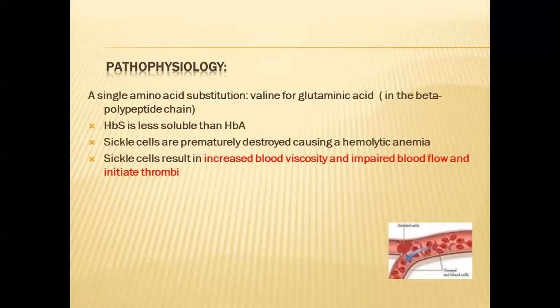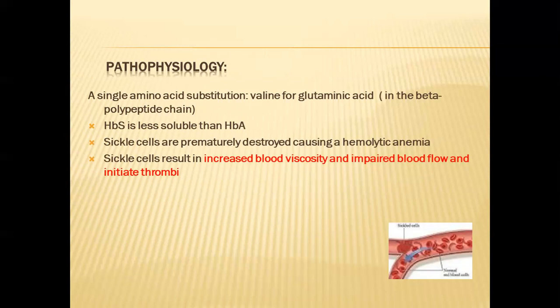So, what is the basic pathophysiology? There is only a single amino acid substitution, valine for glutamic acid, in the beta polypeptide chain, which results in sickle cell, and the whole pathology revolves around this change.